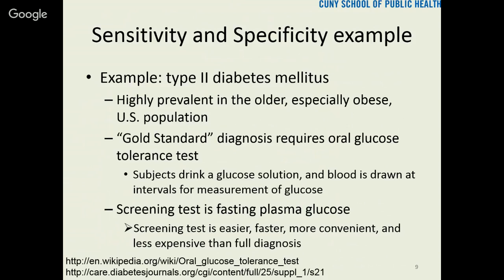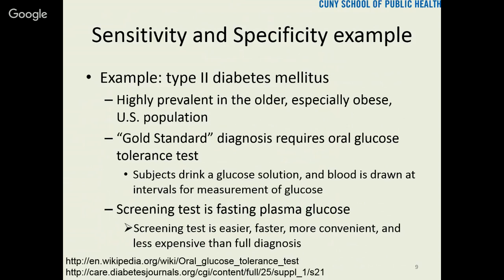There is a gold standard, which requires fasting and drinking a glucose solution and then drawing blood at intervals for measurements of the glucose to see how much of it is being processed or how much is going straight into your blood. Difficult, invasive test that involves multiple blood draws, not something that could be used for screening.